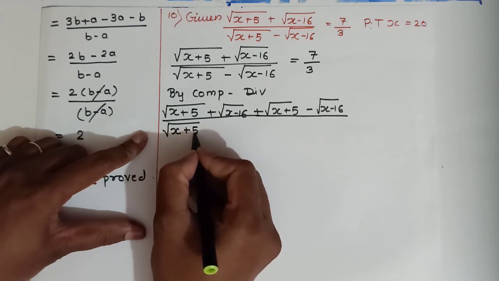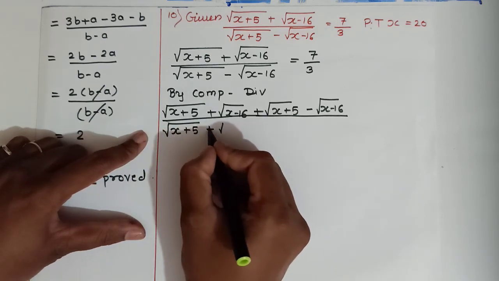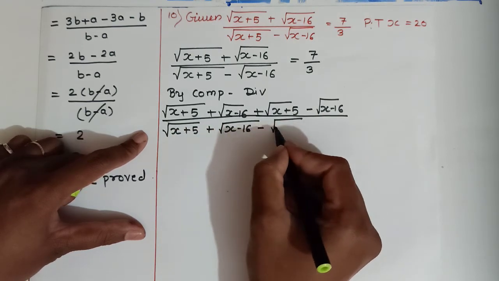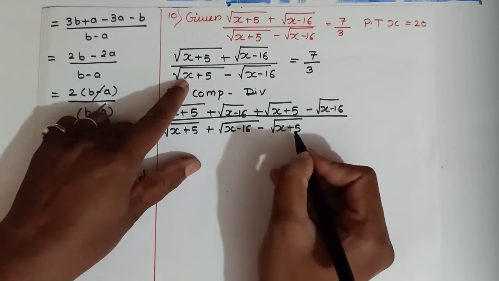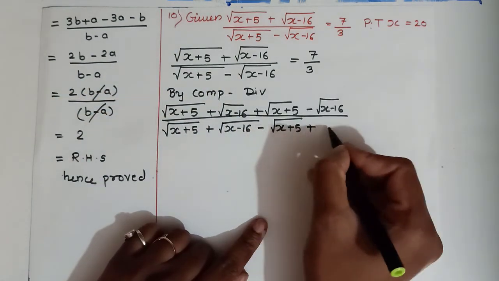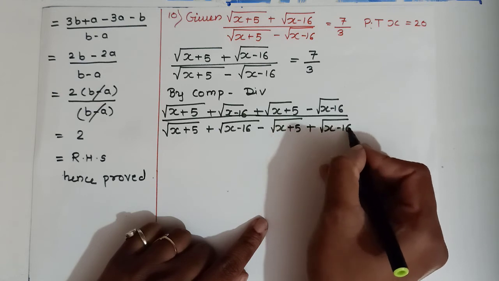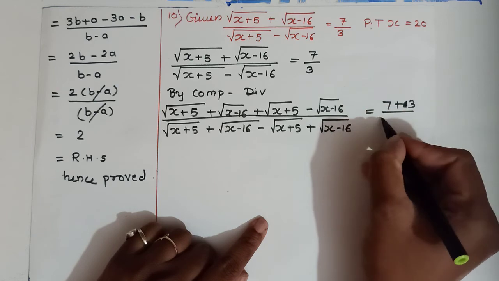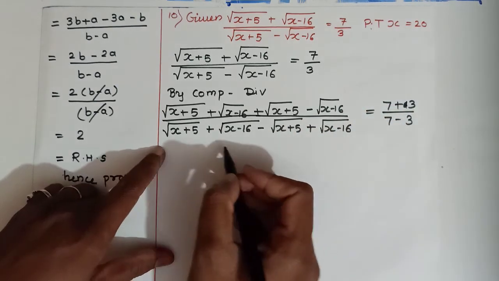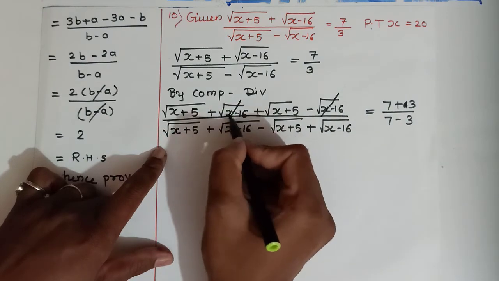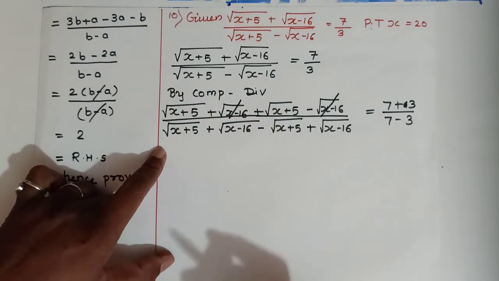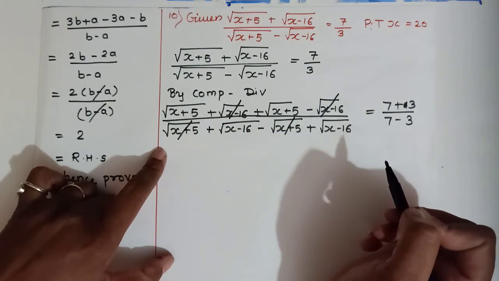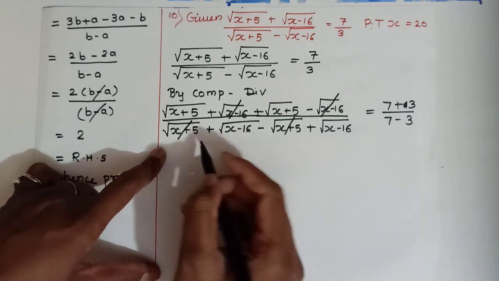Here also in the denominator, x minus 16 minus under root x plus 5, this will become minus and the next term will become plus root x minus 16. Same way here, 7 plus 3, in the denominator 7 minus 3. Now here x minus 16 and x minus 16 are gone, plus minus becomes 0. Here under root x plus 5 and minus under root x plus 5 will become 0.